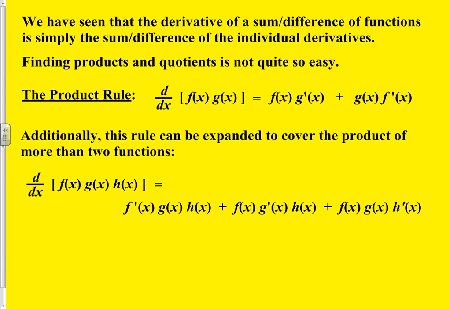So the derivative of f times g times h, add that to the derivative of g times f times h, and add that to the derivative of h times f times g. And that can be expanded as far as we need it to. However, we don't typically run into the product rule with more than two functions being multiplied together.